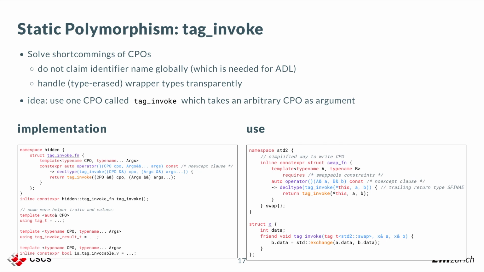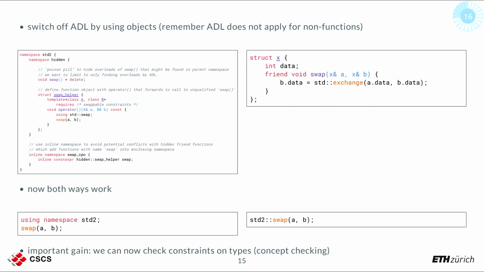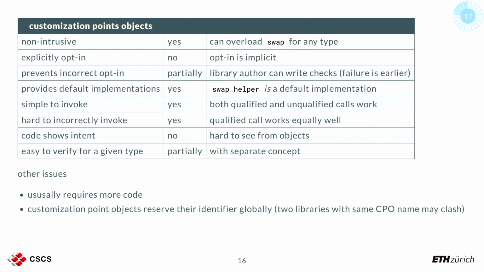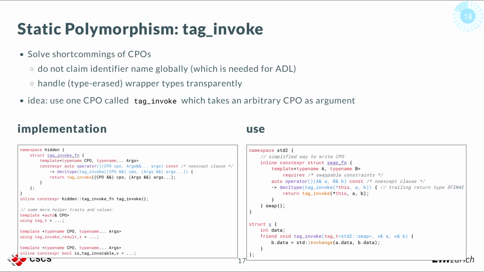You could still write it in this manner, which uses a lot of these boilerplate protections. You could write it in a much terser form, but that's not the main advantage. The main advantage is now that you kind of opt into the interface in a slightly different way.